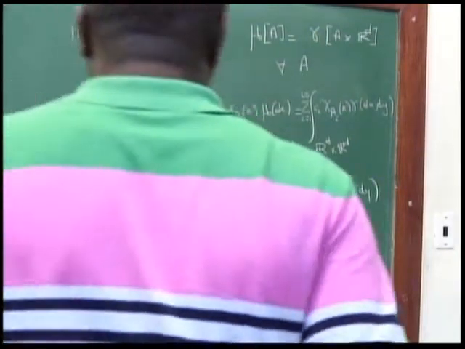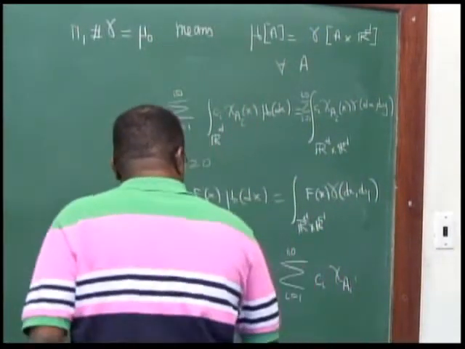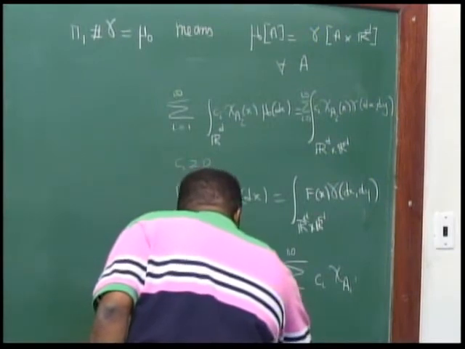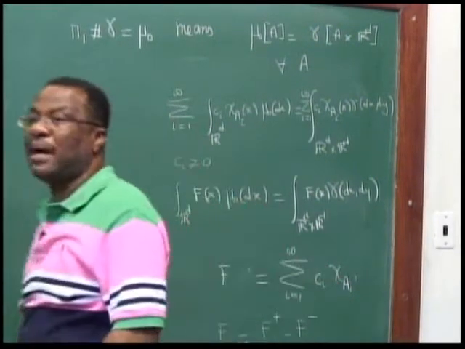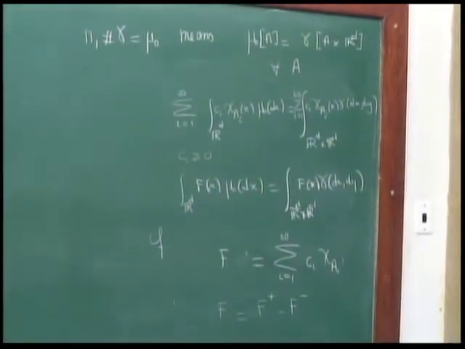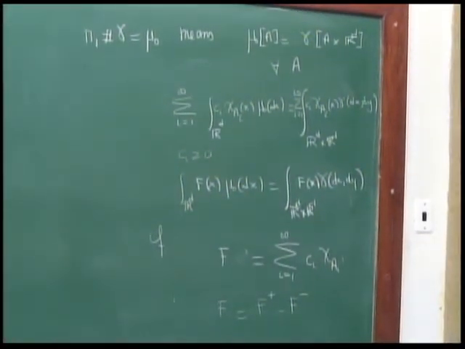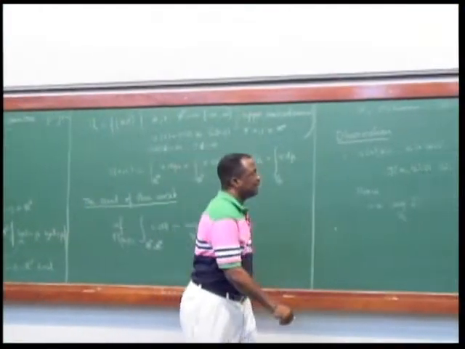So the Ci are non-negative. Now, if you give me any f, I can write that f is f plus minus f minus. I have a relation for f plus, I have a relation for f minus, and so I have it for every f.